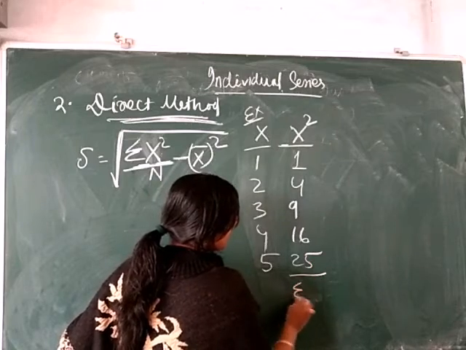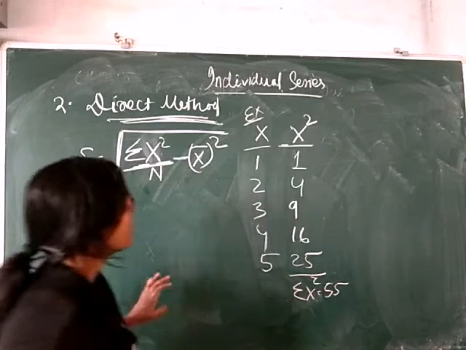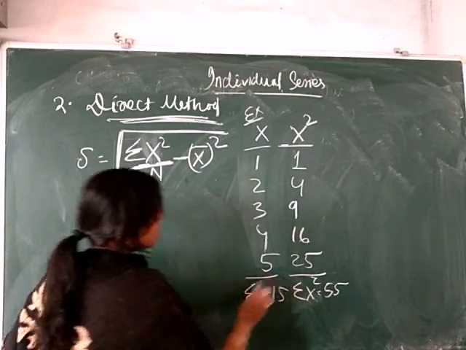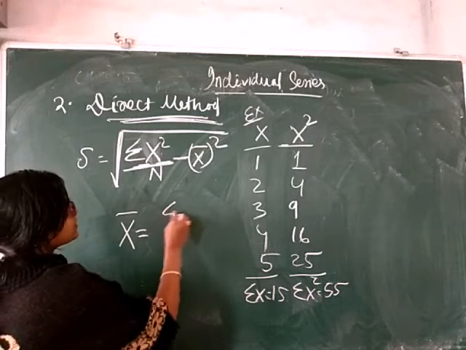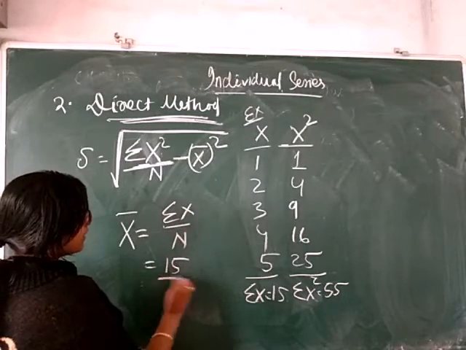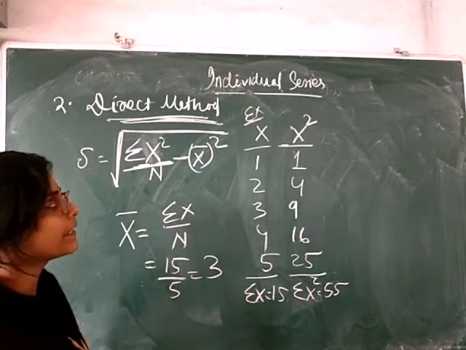And summation of x square is 55. And summation of x is 15. Now we compute arithmetic mean, that is summation of x by n, that is 15 by 5, where n is the number of observations. So mean is 3.